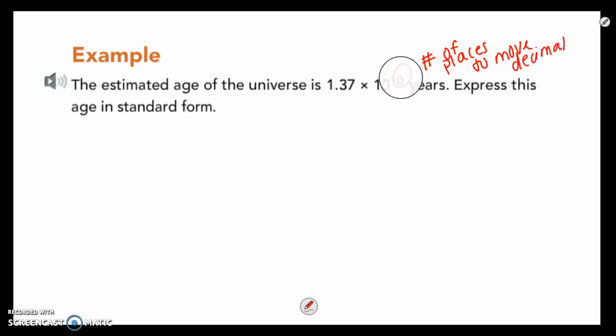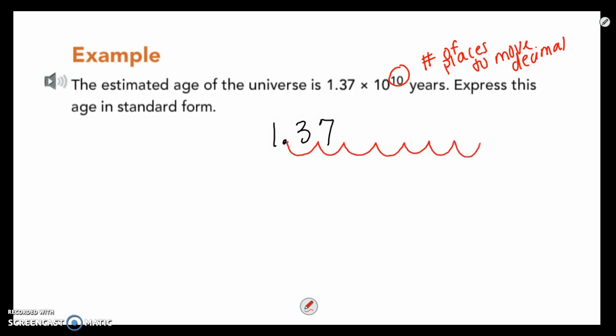So if you look at this example, we have 10 as our exponent. So that means we're going to move our decimal 10 places to the right. So we have 1.37. We're going to pick up our decimal and move it 10 places to the right. So 1, 2, 3, 4, 5, 6, 7, 8, 9, 10.